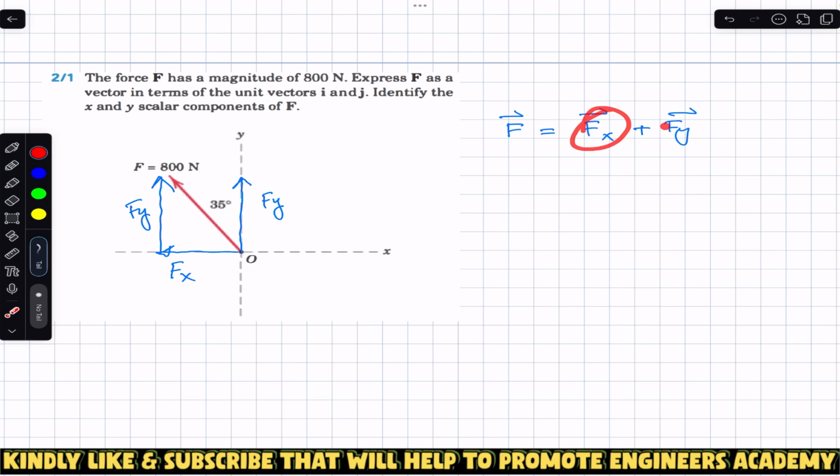If we add both of these by the head to tail rule, the resultant will be equal to that force F which is given, having a magnitude of 800 Newton.